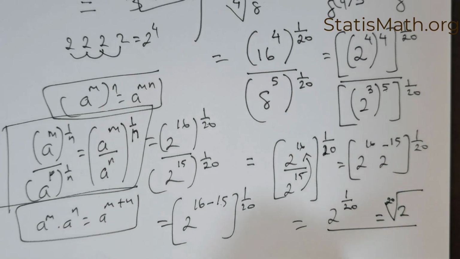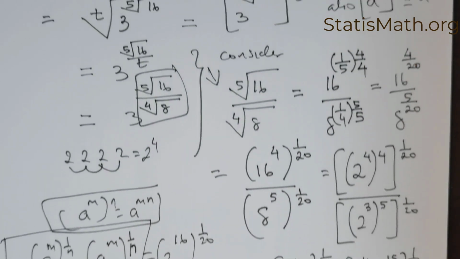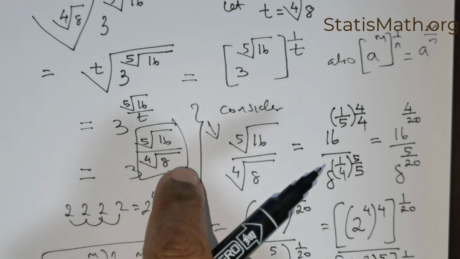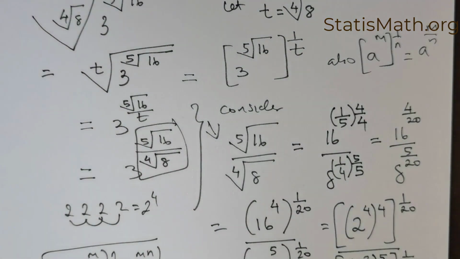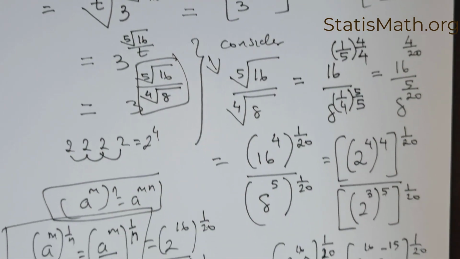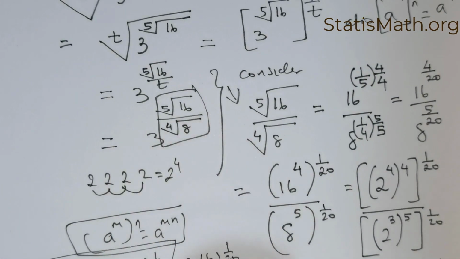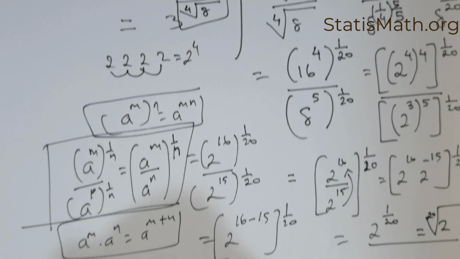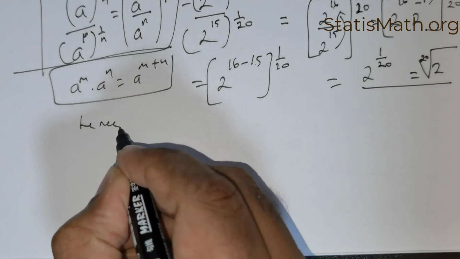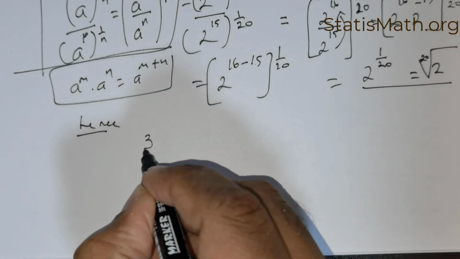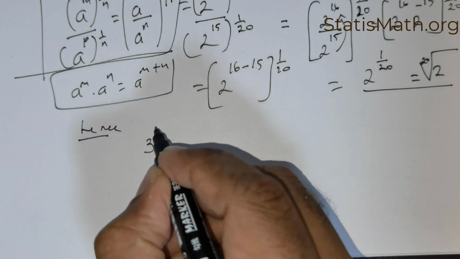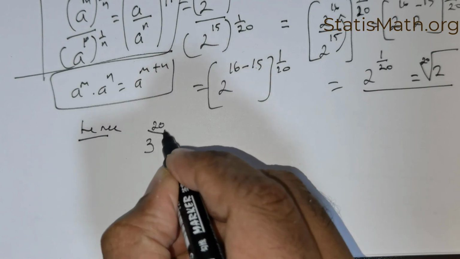So I need to take this value and utilize it over here, then complete the question. So let me take this value, 20th root of 2, and place it over here. Hence, we write that down, you have now 3 raised to the power of 20th root of 2.